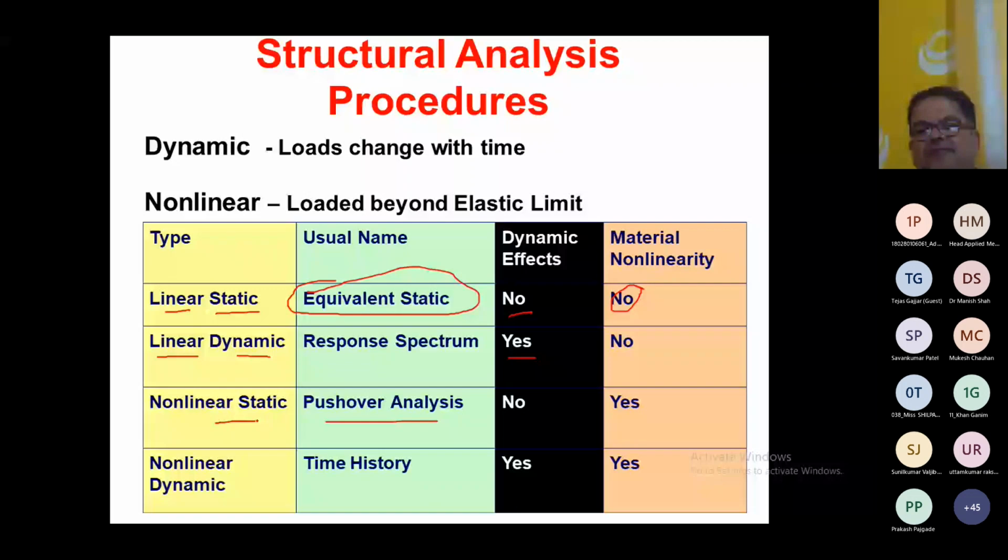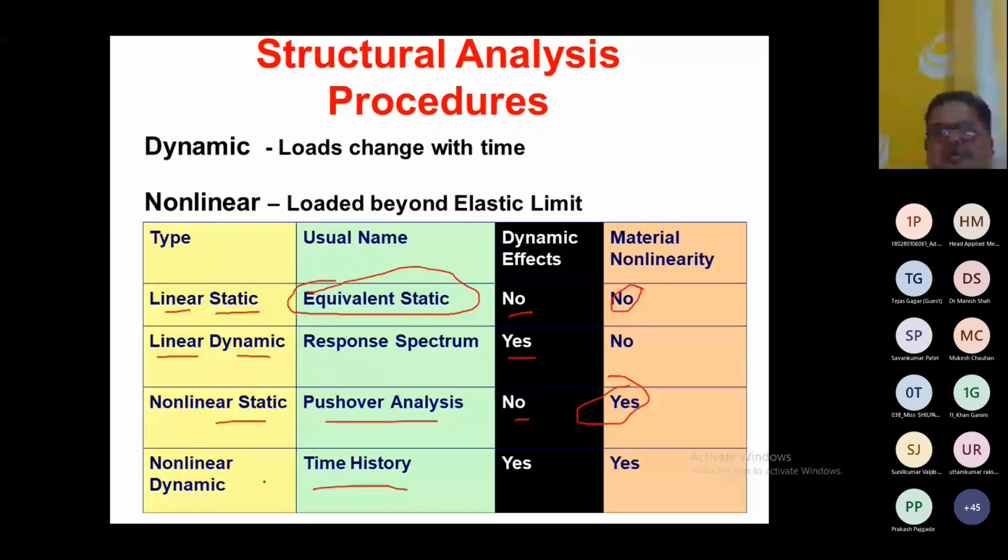Where dynamic effect is not considered, but we are pushing the system in such a way that it enters the nonlinear range, right? So material nonlinearity is considered. And the time history analysis is, in a real sense, a nonlinear dynamic. Here we are talking about the dynamic nature of the load, and at the same time we are also considering the non-linearity of the material.